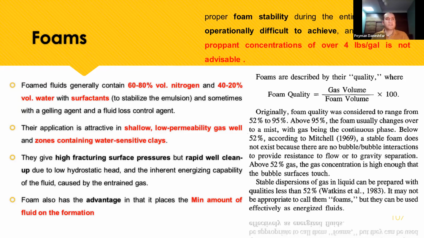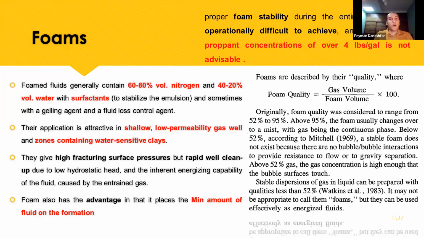So what is the description of foam quality? That's the ratio of the gas volume to foam volume. For example, this is one reference. This is not a rule, but sometimes we can talk about this quantity as the foam quality.